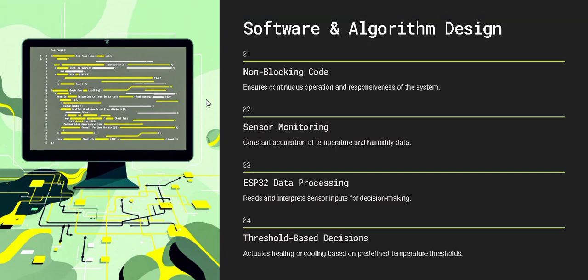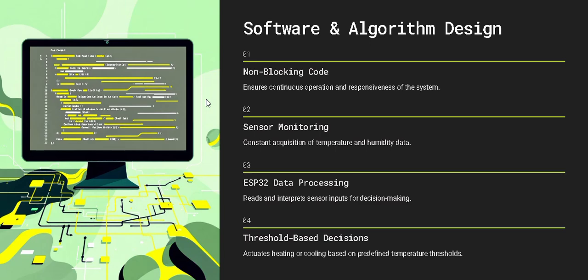Now next slide is software and algorithm design. Here we have first point, non-blocking code. The software is designed using a non-blocking approach, ensuring continuous monitoring without delays. And second, sensor monitoring.